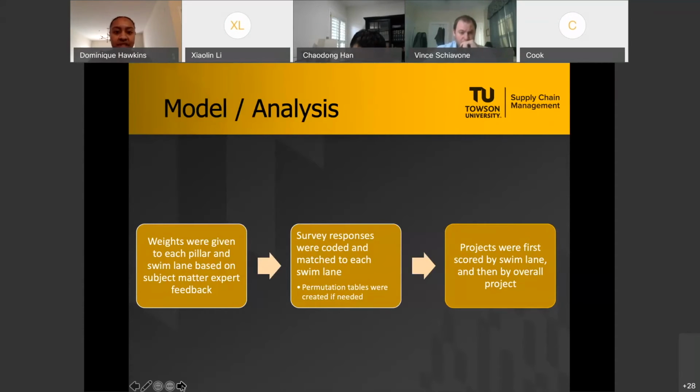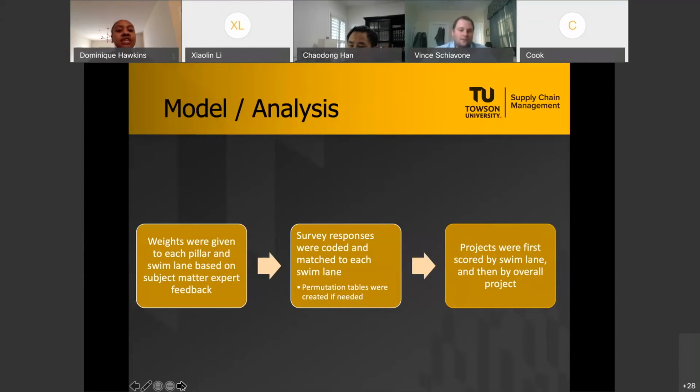And so after a conversation and just dialogue that kind of helped get to one common weight for each pillar, then the survey responses were coded and matched to each swim lane based on those agreed upon weights.